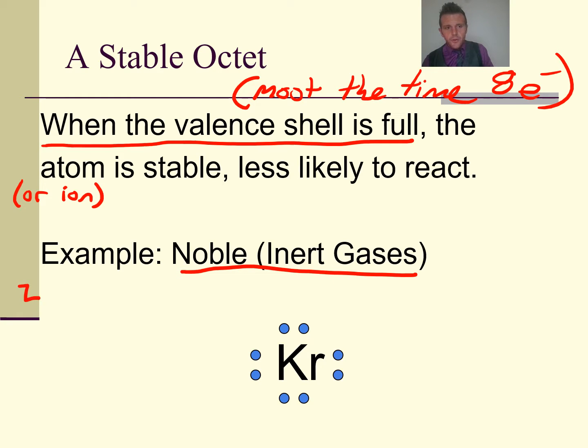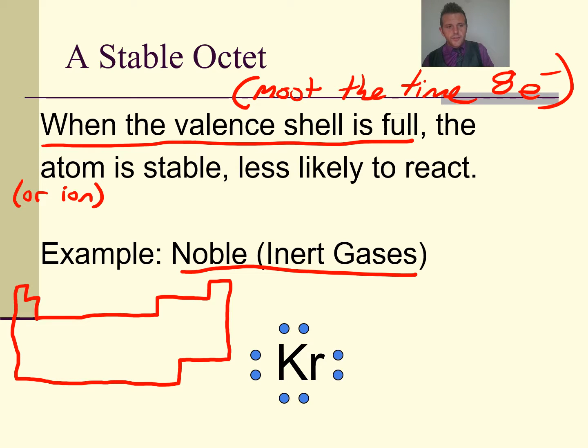If you don't remember what noble gases are, if we get a periodic table and it looks like this, oh, that's a good one. That's a nice looking periodic table. The noble gases are this last column on the very far right.